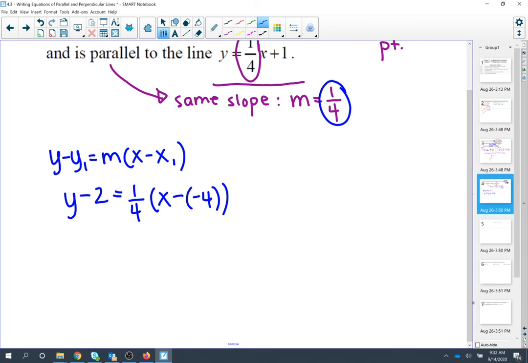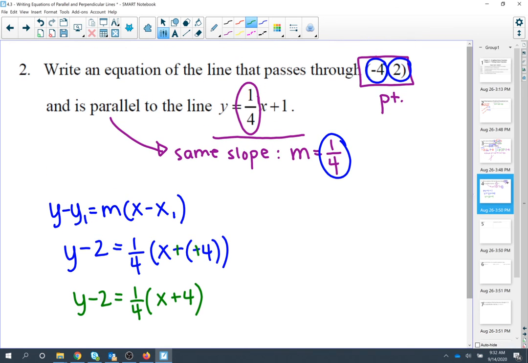Then we're going to clean that up a little bit. y minus 2 equals 1/4. For right now, I'm going to leave the parentheses, because I'm only going to clean this up and make it x plus 4.